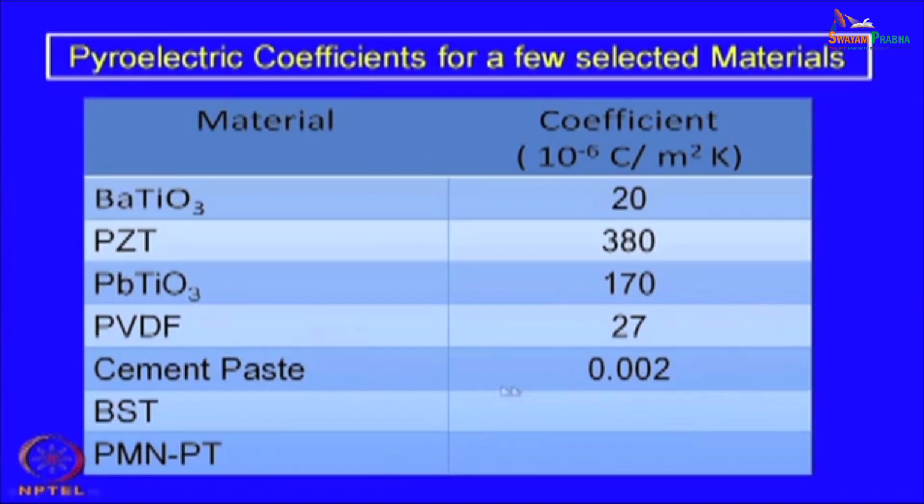Even cement paste has a certain amount of pyroelectric coefficient. So, BST and PMN-PT also have some pyroelectric importance from the point of view of pyroelectric property. Unfortunately, these coefficients are not with me at this point of time, but the materials are important.